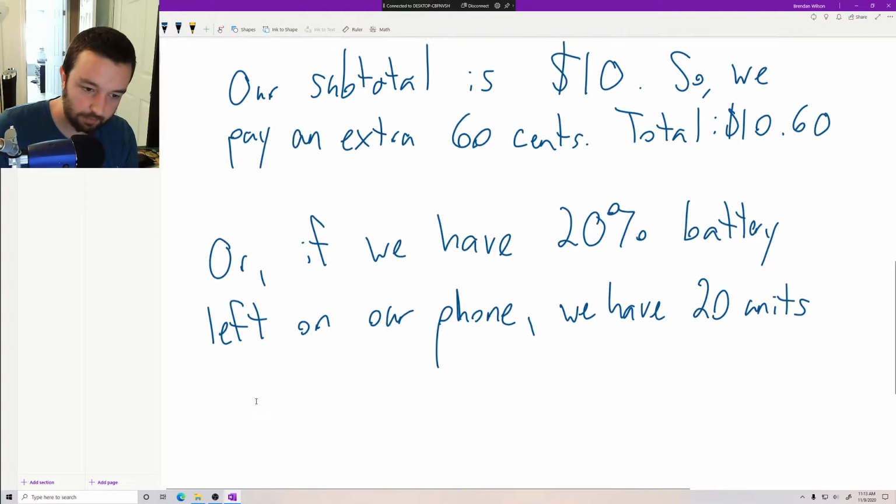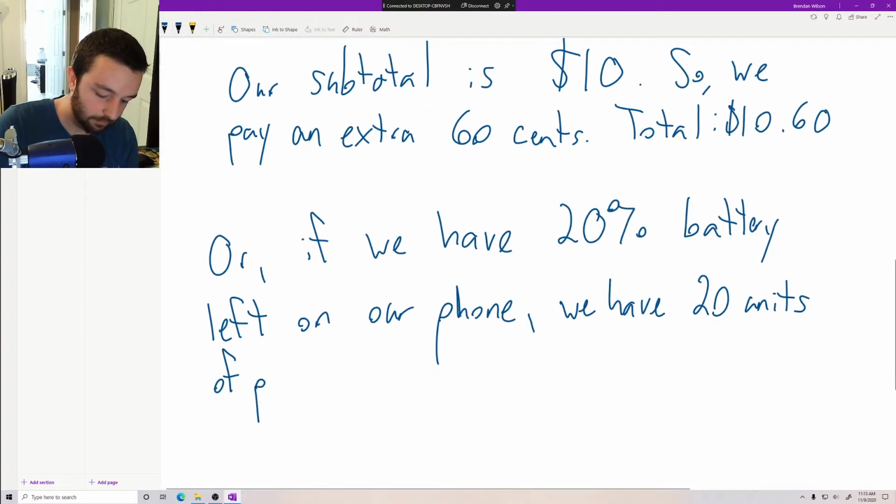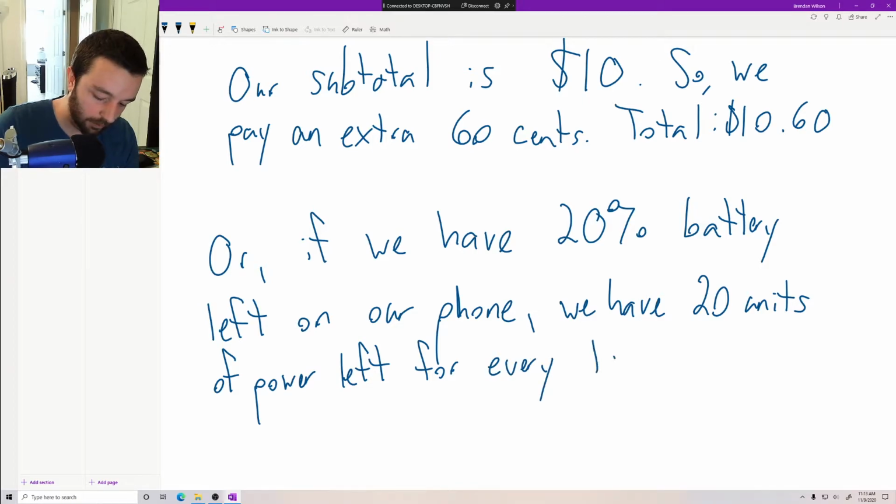We have 20 units of power left for every 100, whatever the units of power are.